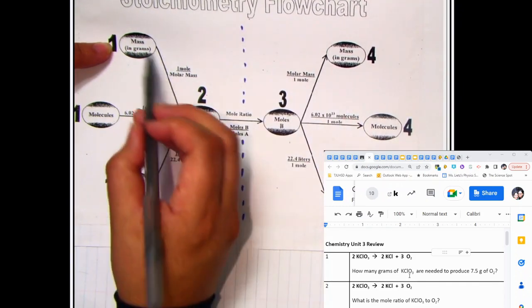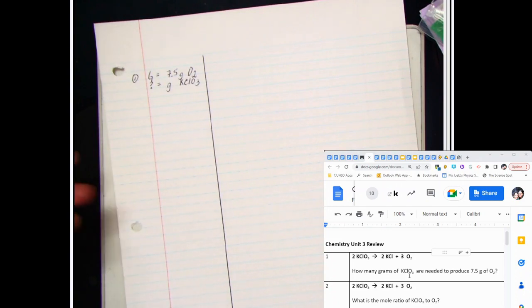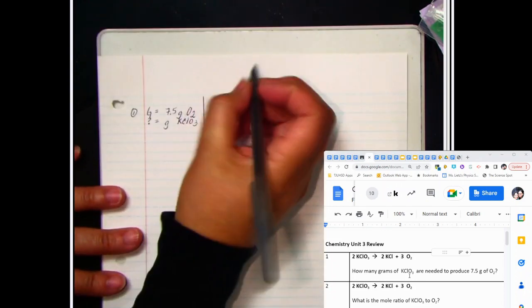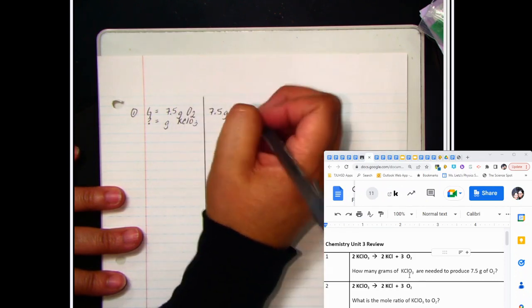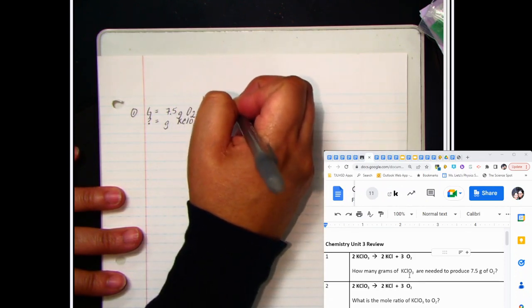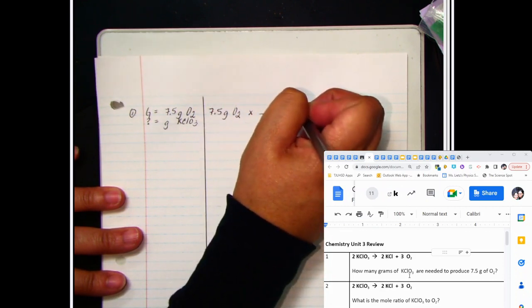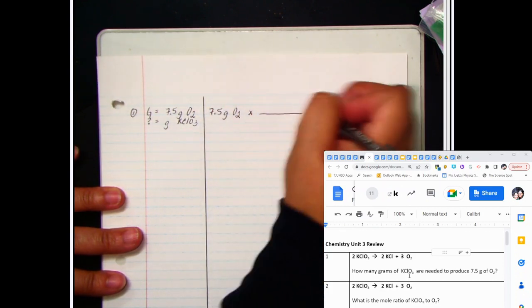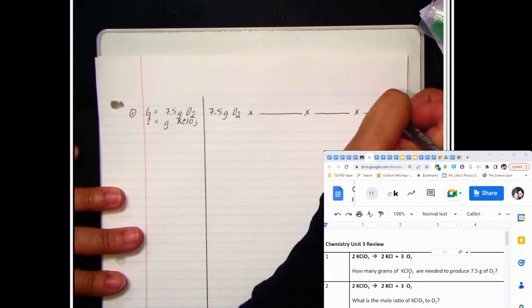Following your lines, how many steps is that? That's going to be 3 steps. So on our paper, 3 steps is 3 lines. We start with our given, 7.5 grams O2, and it's a 3-step problem. That means I'm going to have 3 lines: times 1 line, times 2 lines, times 3 lines.